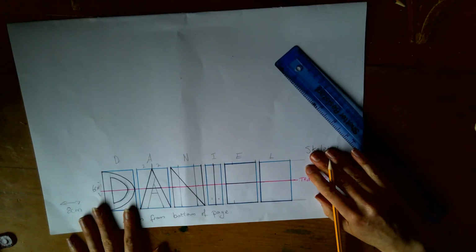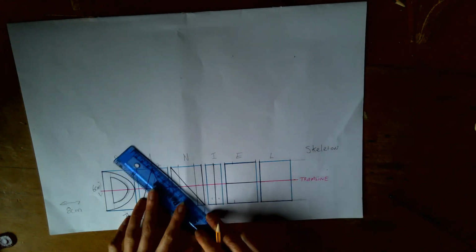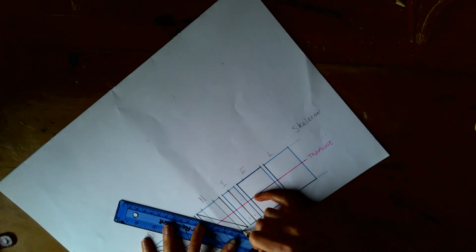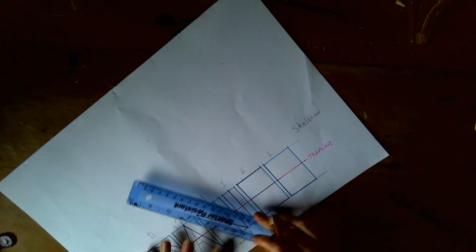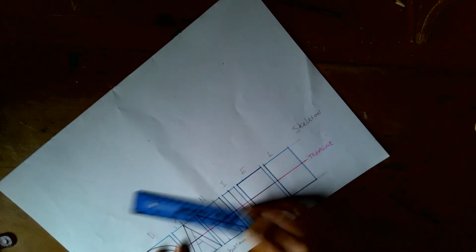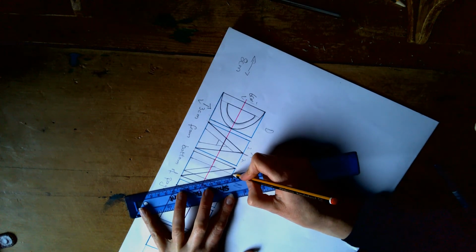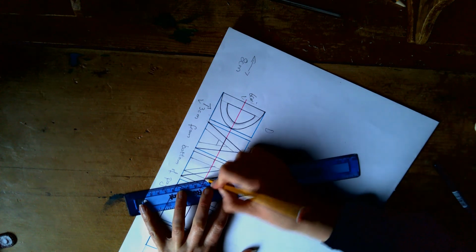Now, looking at that, what I may do is put a line either side here. So I'm going to mark that there like that. And I'm going to mark that. I'm going to look at it, trying to use my eye to see does it look parallel. I'm going to mark that down there like that.